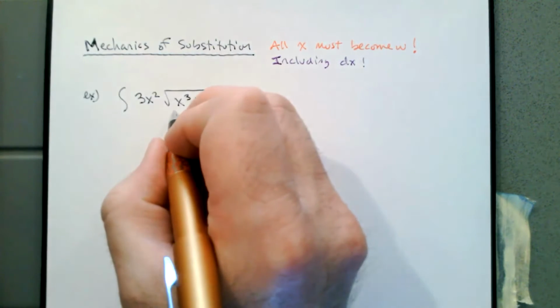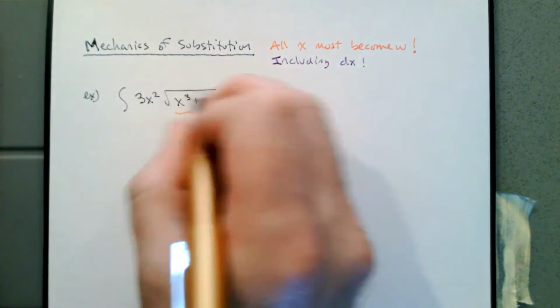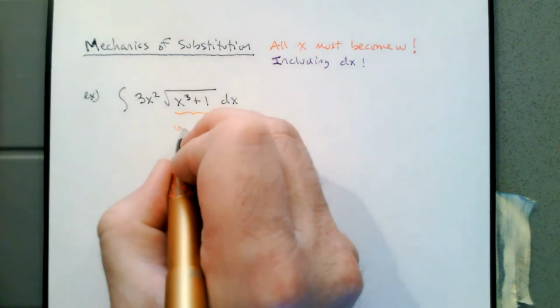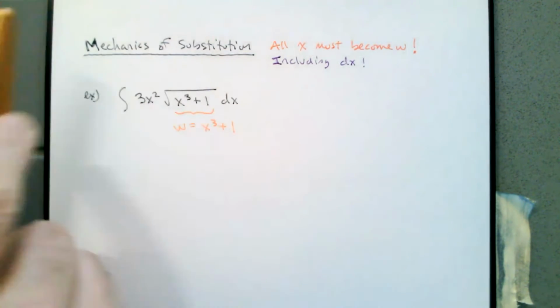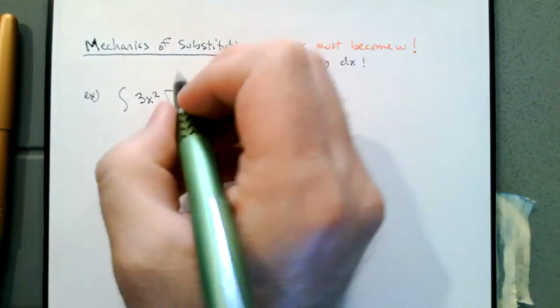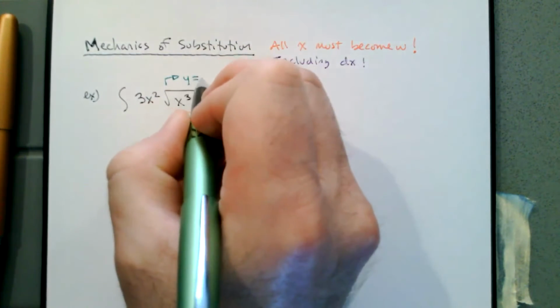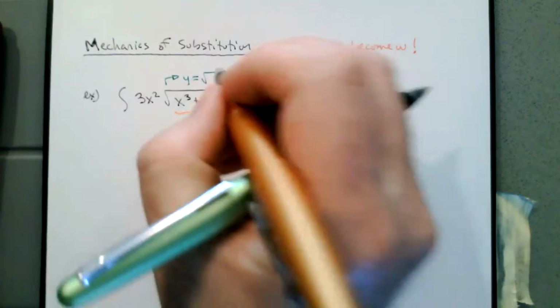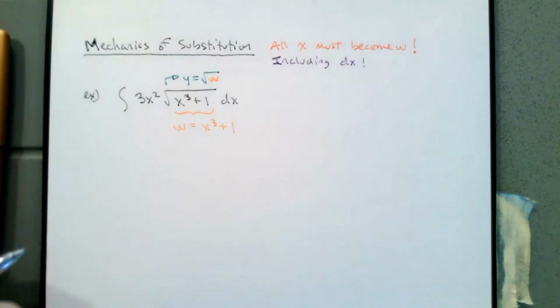So I'm going to say our inside function, it looks like this x cubed plus 1 is sitting inside this square root, so that's going to be w. W is x cubed plus 1. The outside function is the thing that we're actually going to integrate. So our integral is going to become some multiple of the square root of w.